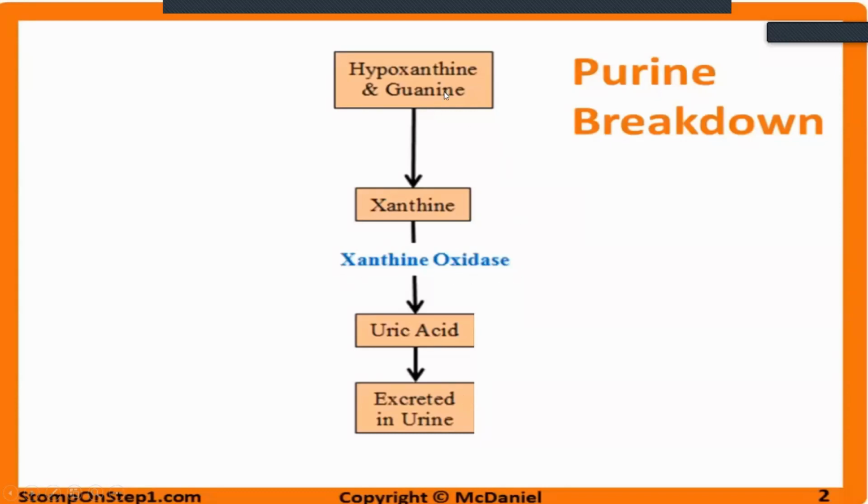So hypoxanthine and guanine converted to xanthine, everything was good. Xanthine converted to uric acid, everything was fine in the presence of xanthine oxidase. But what happens if this xanthine oxidase becomes overactive, or there is excess xanthine oxidase production in the body? What do you think will happen? Excess, it is working more than normal.